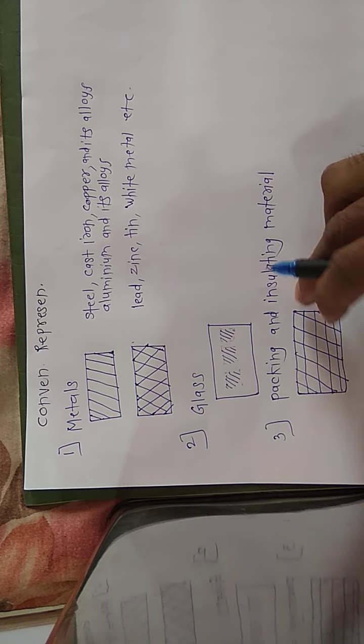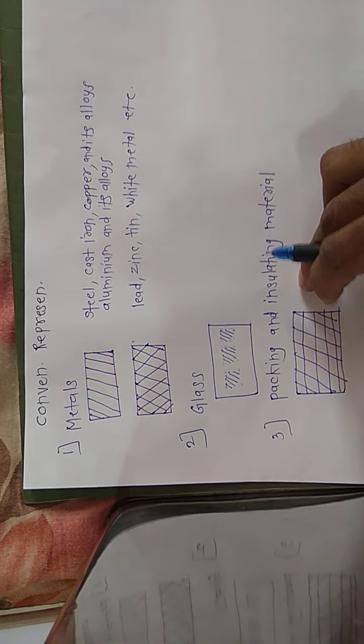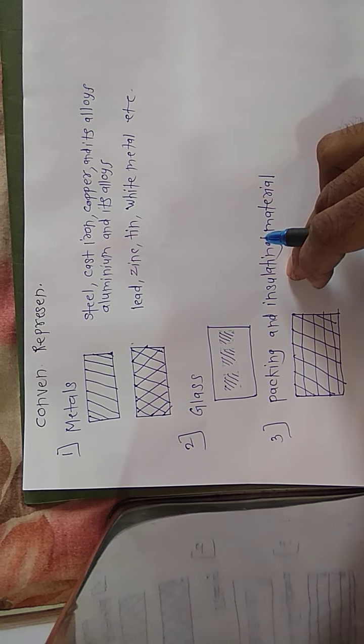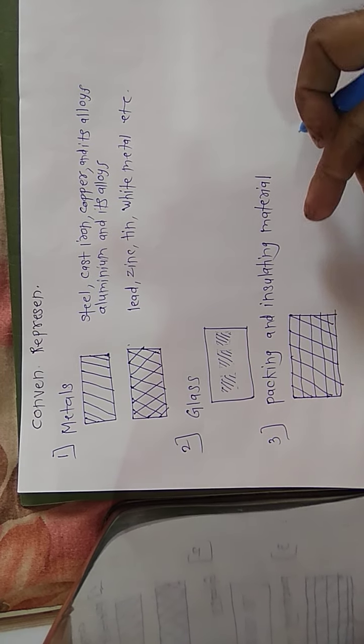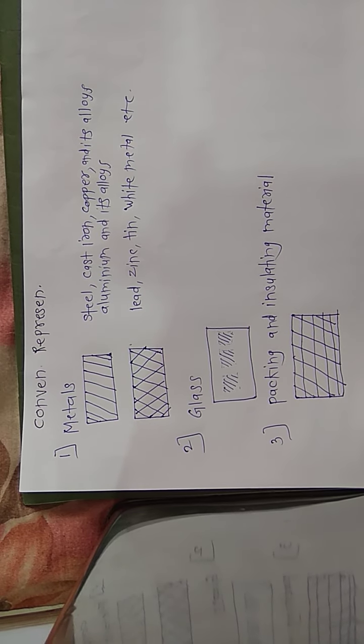This convention is used for asbestos, synthetic resin, paper, cork, rubber, leather, wax. These are some packing and insulating materials.